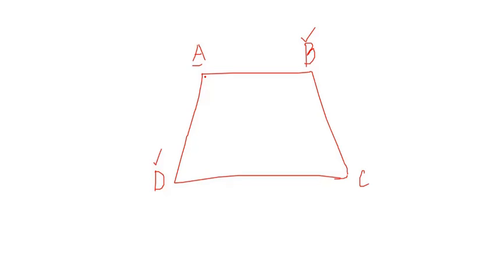When we join opposite vertices, we get the diagonals. So a quadrilateral has 2 diagonals and 4 sides.